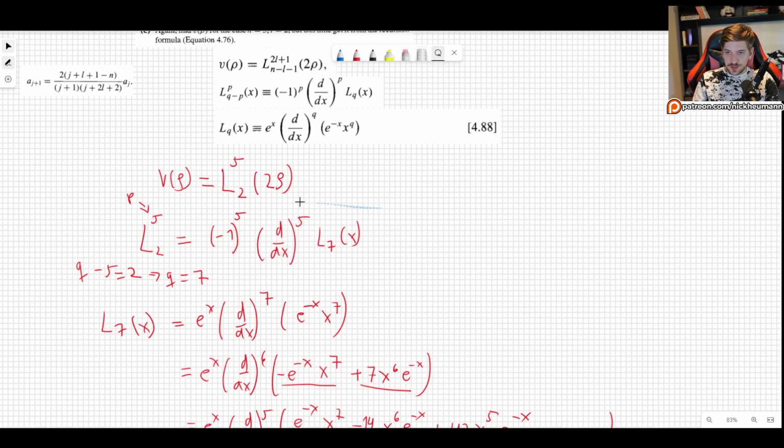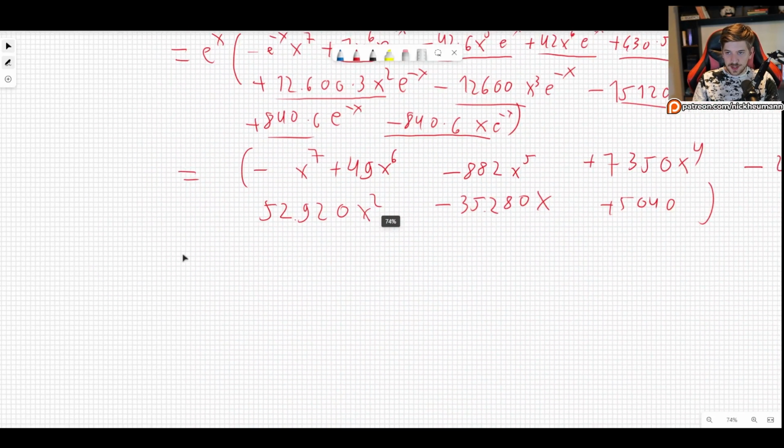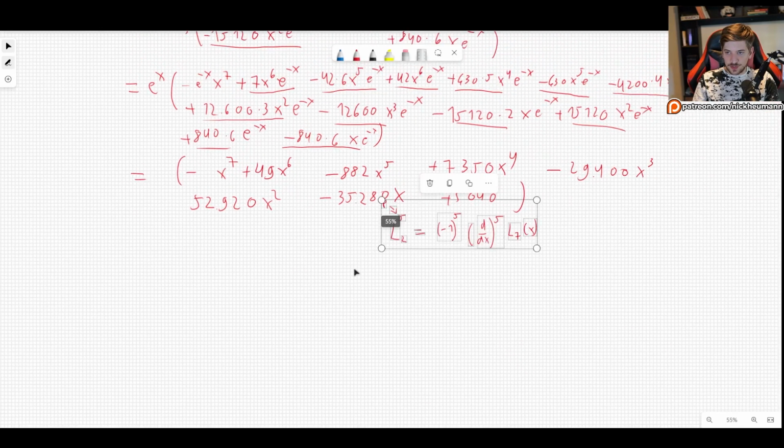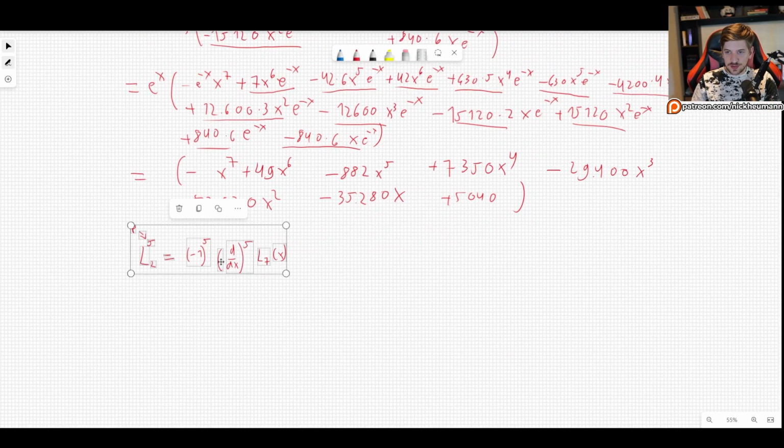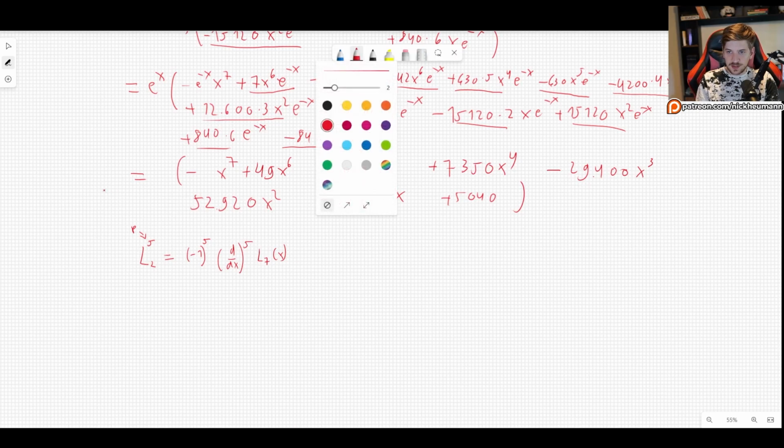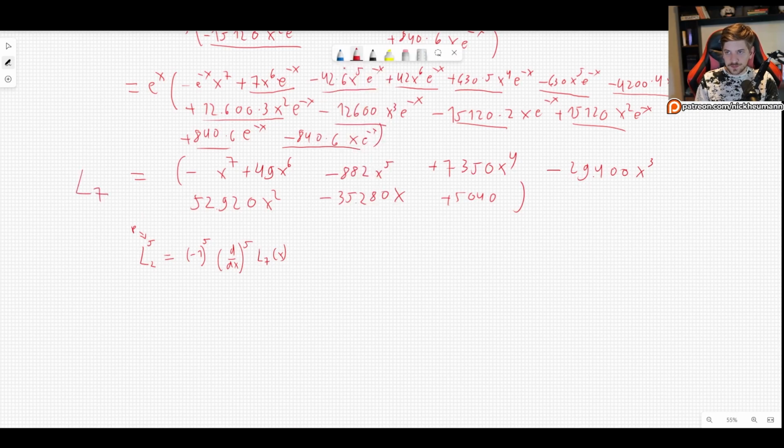Let me copy the polynomial with Control C, and now let's move back down. Keeping in mind this thing here is L7, we just plug it in here. So we have to take 5 derivatives of this thing.